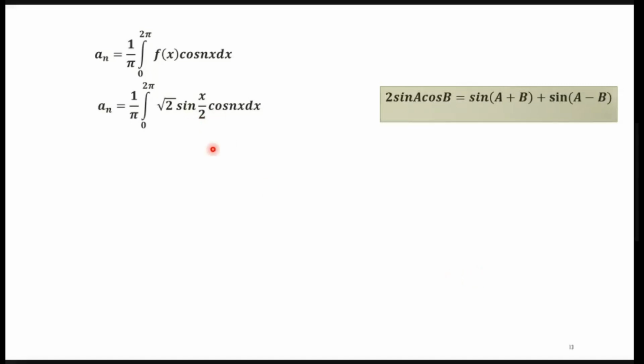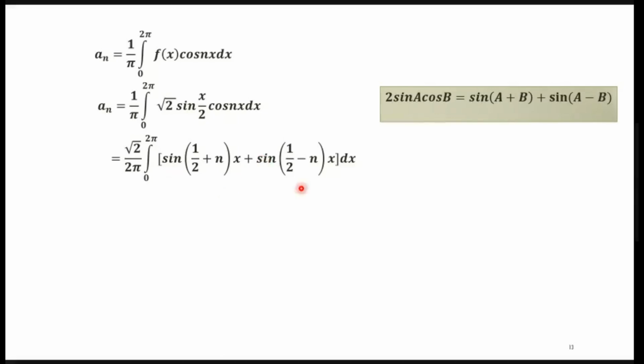So sin a plus b क्या हो जाएगा, a is x/2, b is nx. तो अगर a plus b किया तो 1/2 x/2 plus nx में अगर x को common निकाला तो 1/2 plus n. Similarly, a minus b में x/2 minus nx, so 1/2 minus n into x dx.